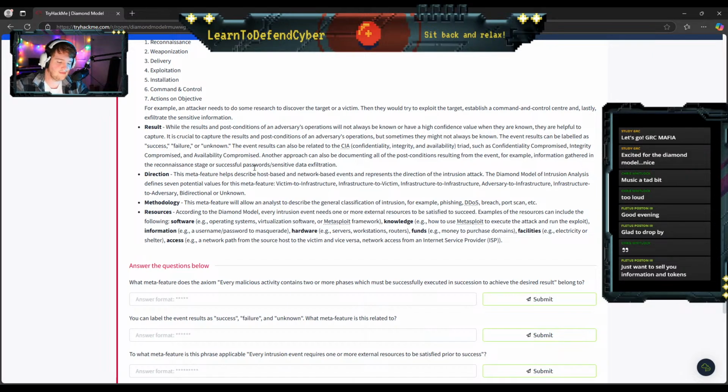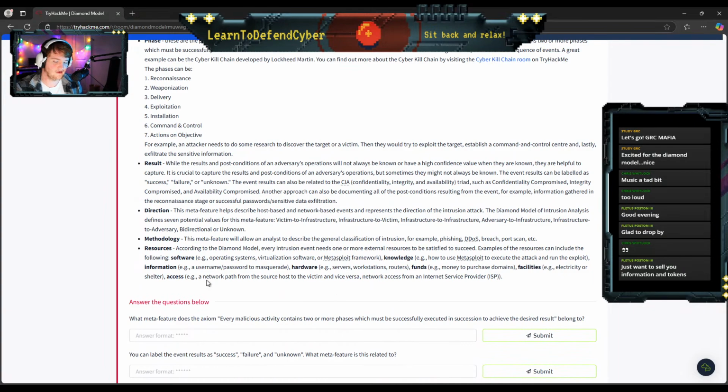Resources. According to the Diamond Model, every intrusion event needs one or more external resources to be satisfied to succeed. Examples of resources include software, operating systems, virtualization software, Metasploit framework; knowledge, how to use the attack, run the exploit; information, username and password; hardware, servers, workstations, routers; funds, money to purchase domains and facilities; electricity or shelter; access, a network path from the source host to the victim, and vice versa.